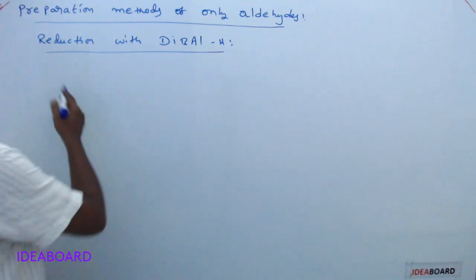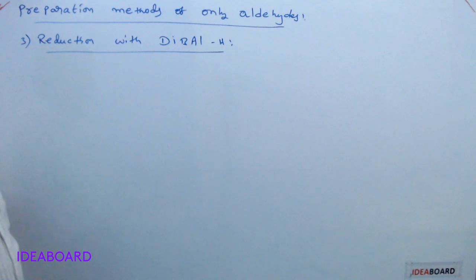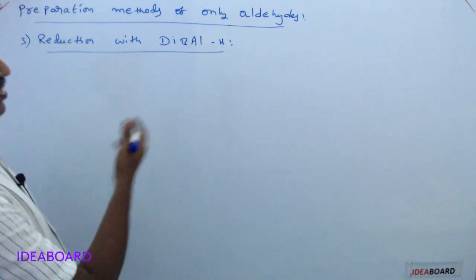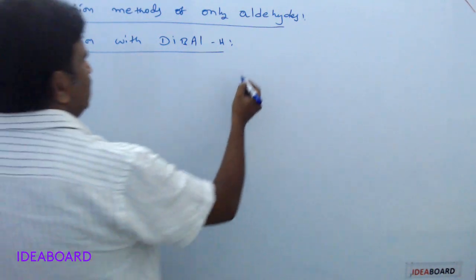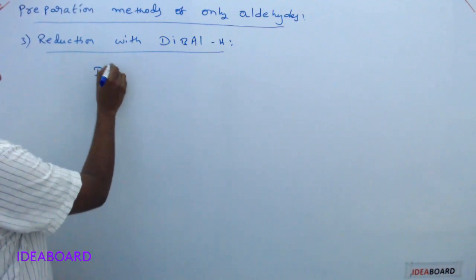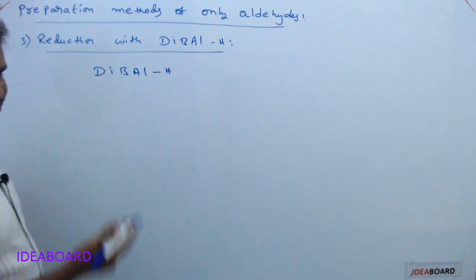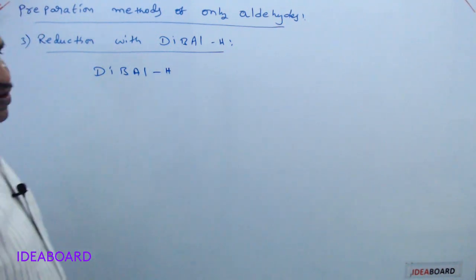The next one is reduction with DIBAL-H. It is also given under Stephen's reduction in the textbook, but you can read it separately also. What is DIBAL-H first? DIBAL-H is a reducing agent like lithium aluminum hydride and sodium borohydride.